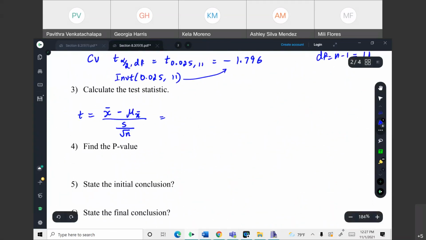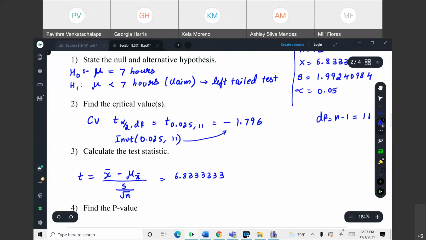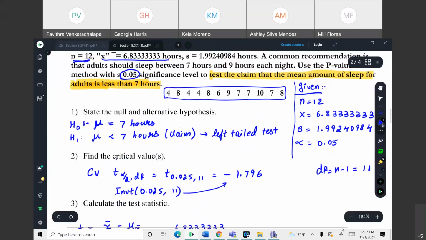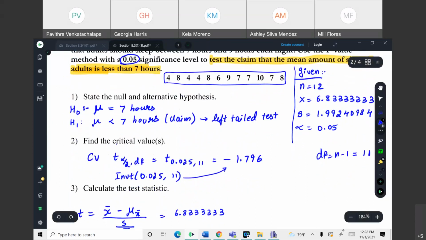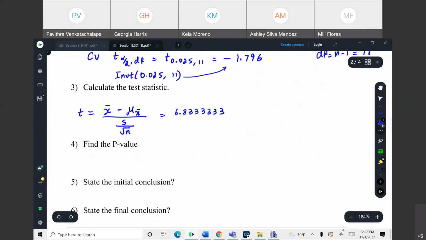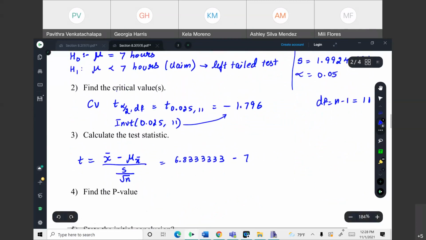Okay. So here X bar is 6.833. Even if X bar is not given, you can just add the whole thing and divide by the total number of numbers present there. So you will get 6.833. So this is your X bar. Now the population mean will be 7, right?